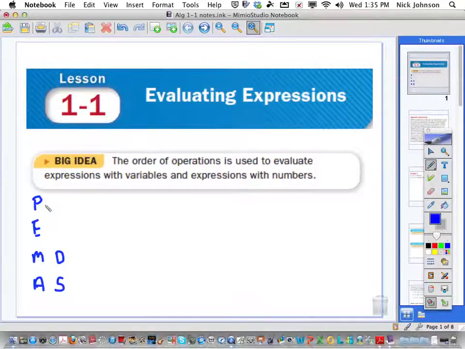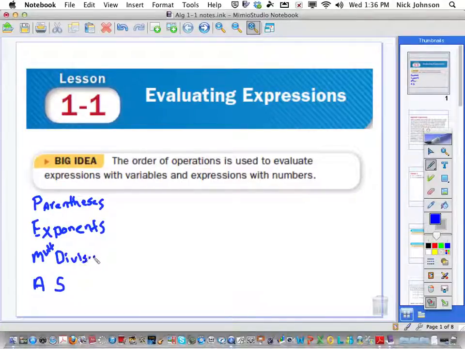P stands for parentheses. E stands for exponents. The M and the D stand for multiplication and division.